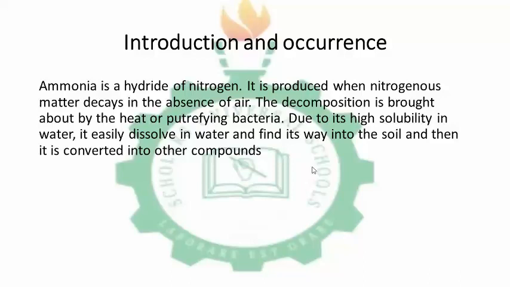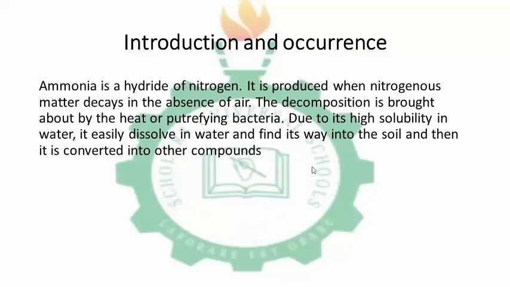It is produced when nitrogenous matter decays in the absence of air. That means when nitrogenous matter is decaying in the absence of air, ammonia gas is produced. For example, when plants decay or animals decay, or any organic matter that contains nitrogen undergoes chemical biological decay, ammonia gas is formed.